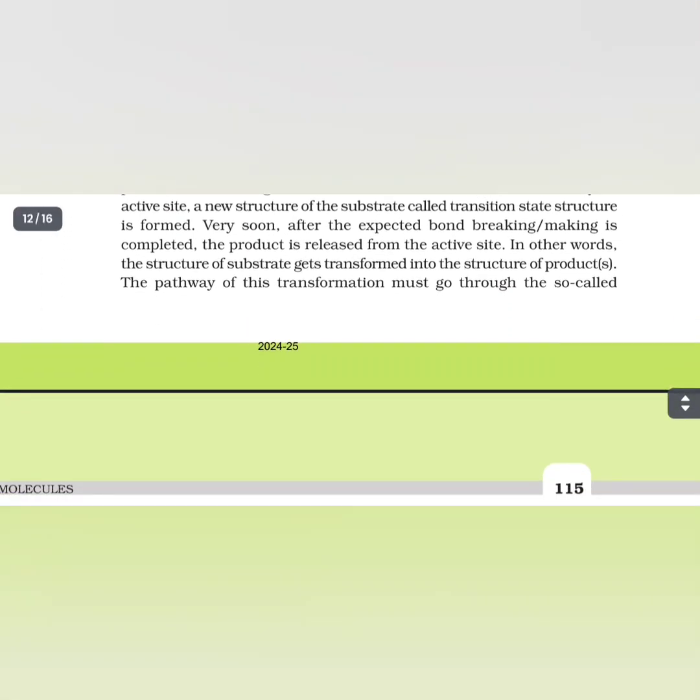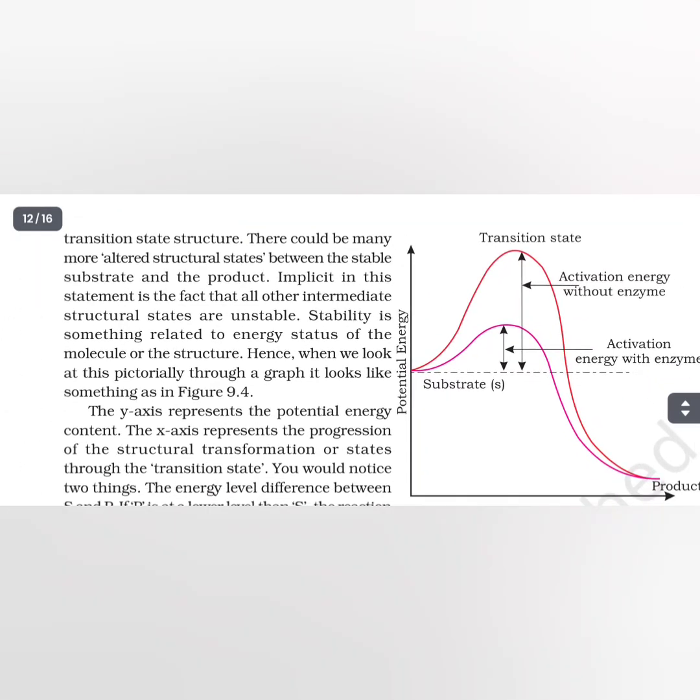The pathway of this transformation must go through the so-called transition state structure. There could be many more altered structure states between the stable substrate and the product. Implicit in this statement is the fact that all other intermediate structure states are unstable. Stability is something related to the energy status of the molecule or the structure.